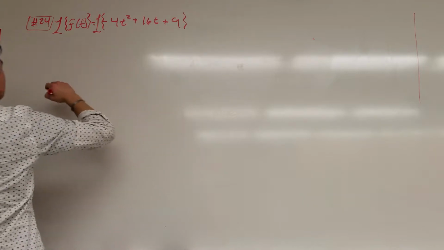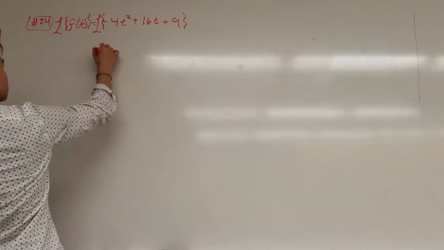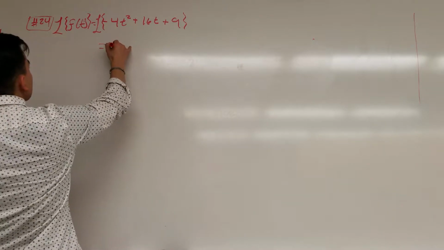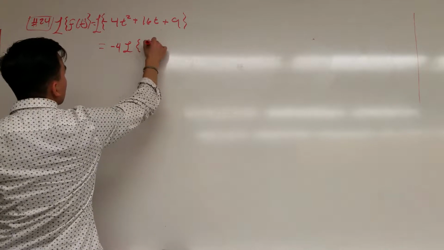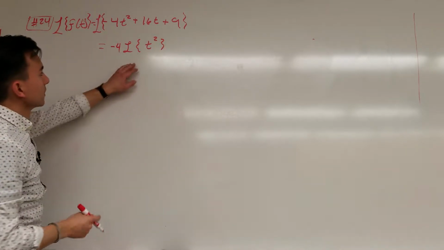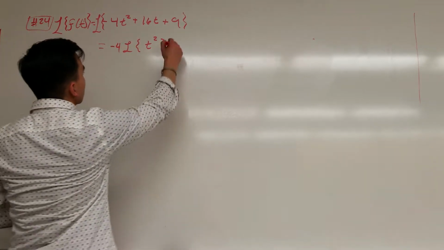Okay? And so basically we have this -4 on the outside of the plus, because we're only Laplacing that t, right?